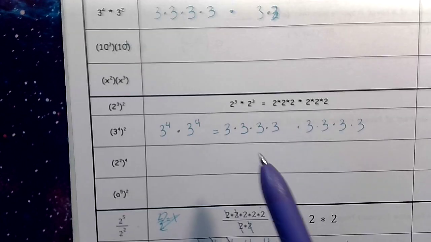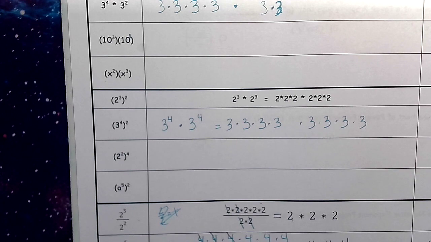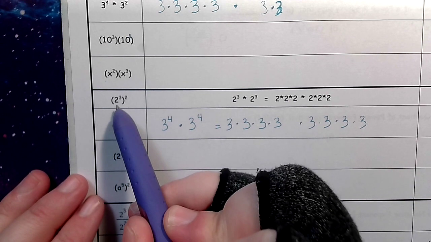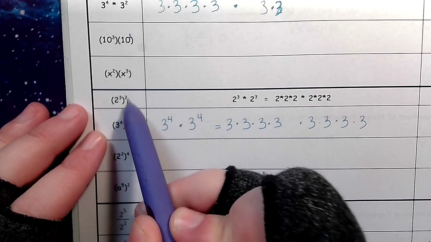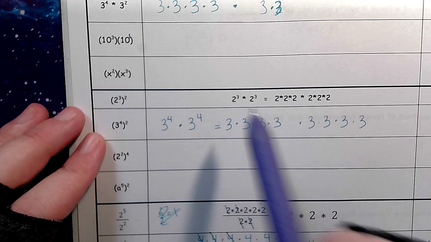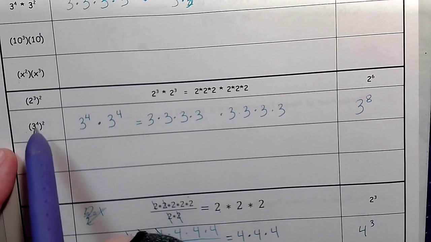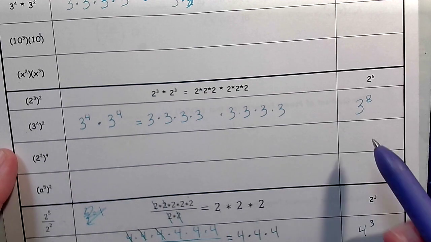The middle section of our table here dealt with what's called the power of a power property. So we had 2 to the third, all of that raised to the second power, which ended up being 2 to the third multiplied by itself twice. And we ended up getting 2 to the sixth. Here we had 3 to the fourth raised to the second, and we got a total of 3 to the eighth.